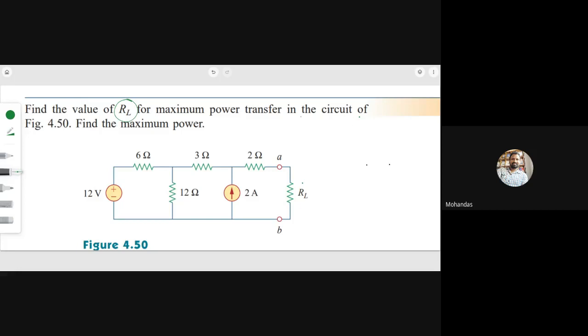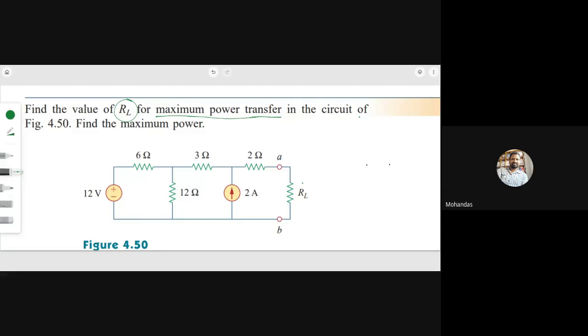One condition is, can anybody tell me when the maximum power transfer is taking place from source to load? Just now we derived. Please, anyone respond? Srivarsha, what is the condition? Sai Kumar, what is the condition, Amma?